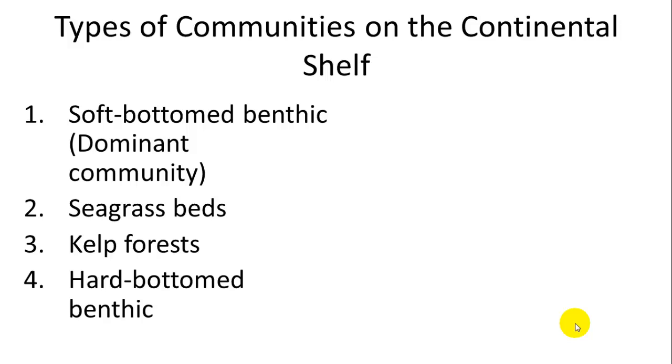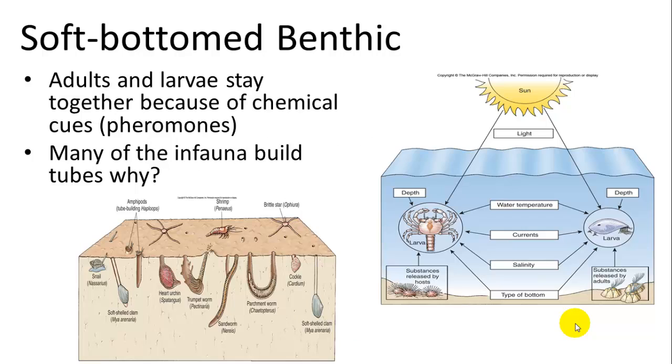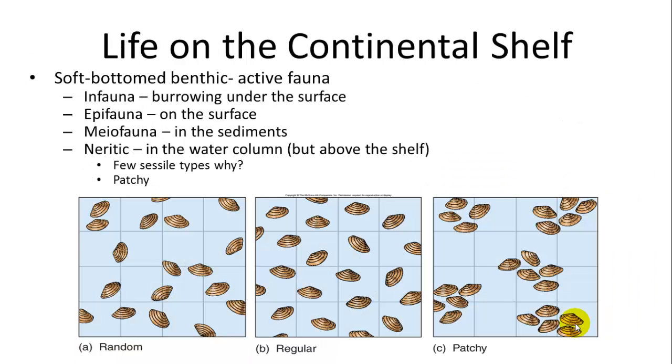Alright, so there are 4 different types of communities. We'll look at soft bottom benthic, which is the most common community, seagrass beds, kelp forests, and hard bottom benthic. Okay, so let's see, did I miss something? Yes. So our soft bottom benthic has a very active fauna, including the ones we mentioned before, the infauna, epifauna, and meiofauna. But also you have those organisms living in the sea column itself, which are the neritic pelagic waters, right?